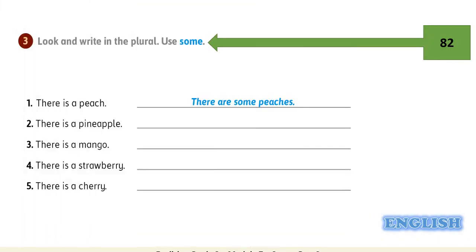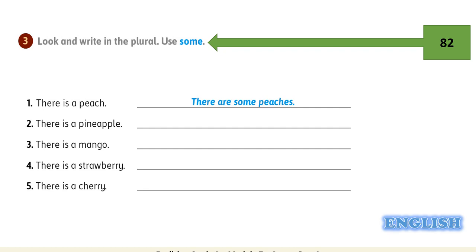Keep your workbook open, please, to page 82. Have a look at activity 3. We will look and write in the plural. We have to use some. Let's have a look at example number 1. There is a peach. There are some peaches.